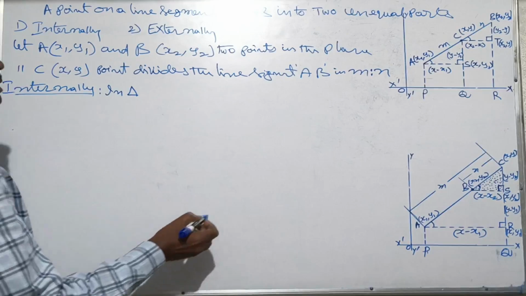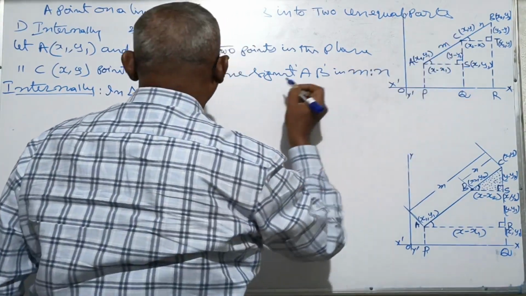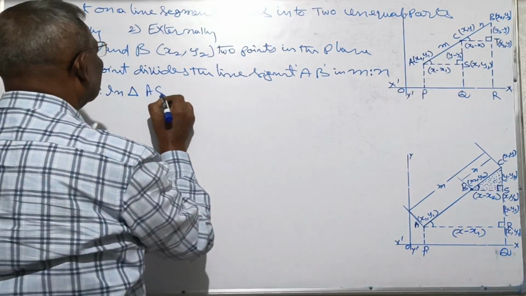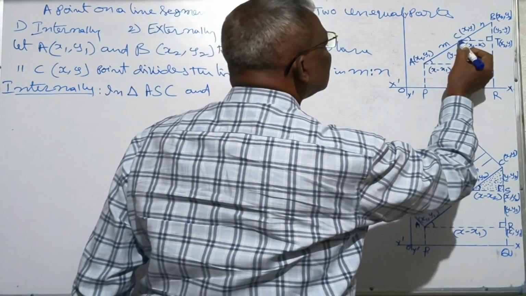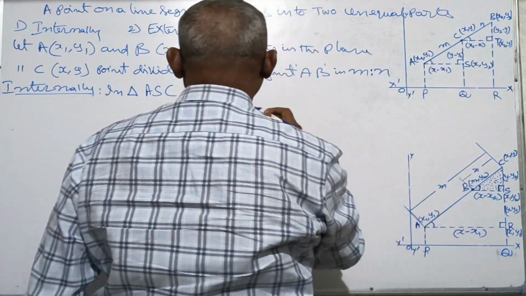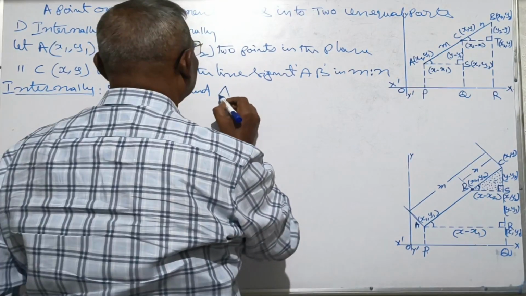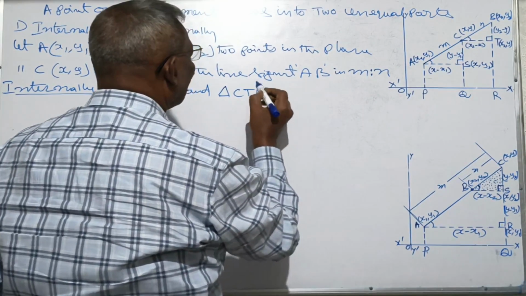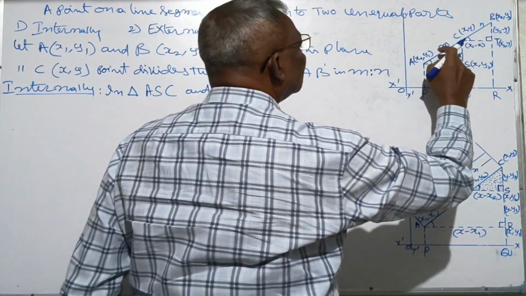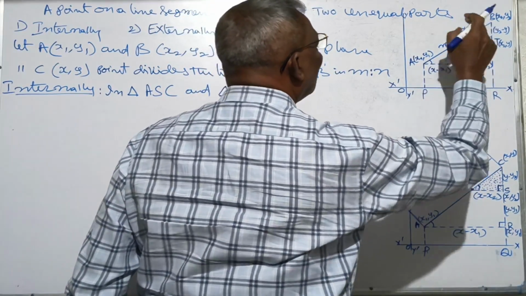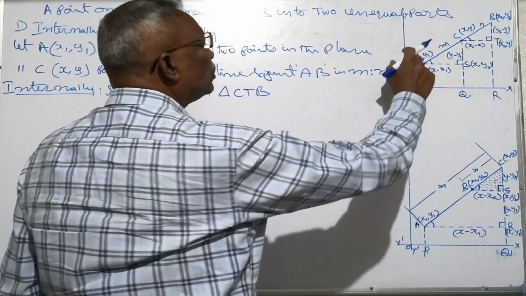In triangle ASC and triangle CTB, we are comparing both triangles.